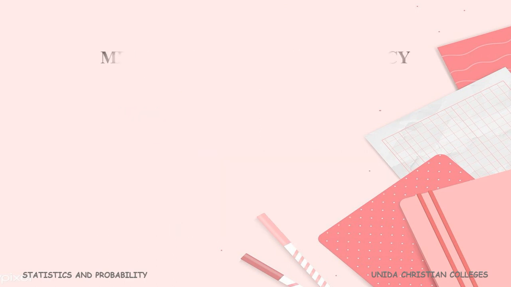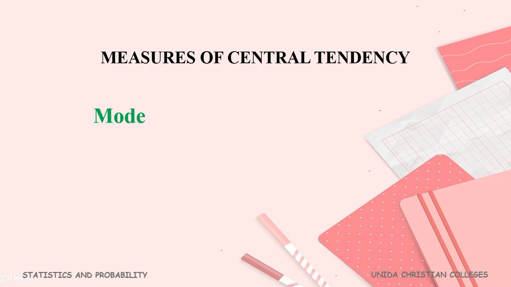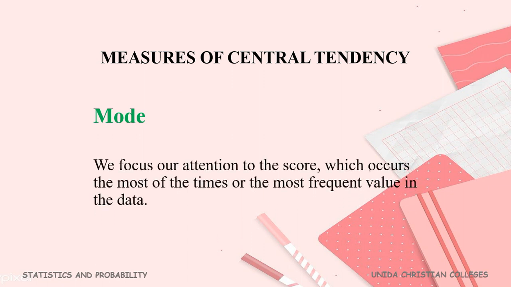Ayan. Next, let's have the third measure of central tendency, which is the mode. So here, in the mode, we focus our attention to the scores which occurs the most of the times or the most frequent value in the data. So we can obtain the mode by simply mere inspection.